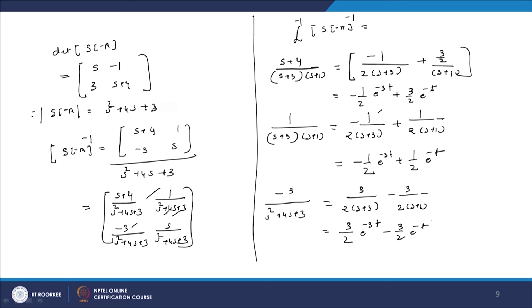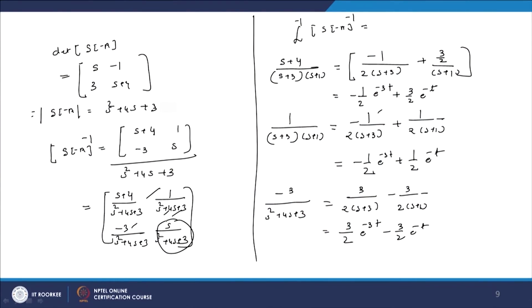So, we have taken care of this portion, and finally we want the Laplace inverse of this particular part. Therefore, we can write this as s divided by (s plus 1)(s plus 3).